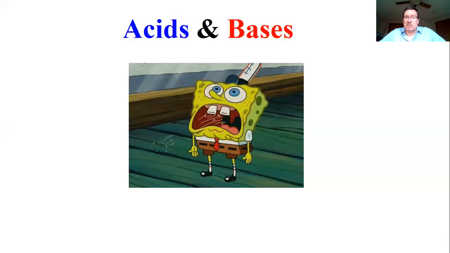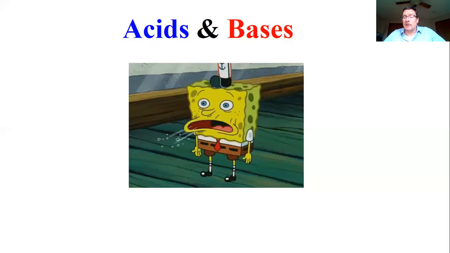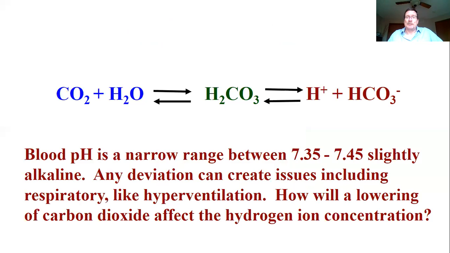What you can see there is SpongeBob is having a little breathing trouble, and I'll explain why. Right there, as you see in that equation, carbon dioxide and water mix to make carbonic acid, which breaks down into hydrogen ions and bicarbonate. That is a key equilibrium reaction going on in your body.